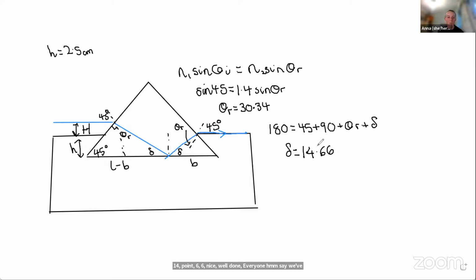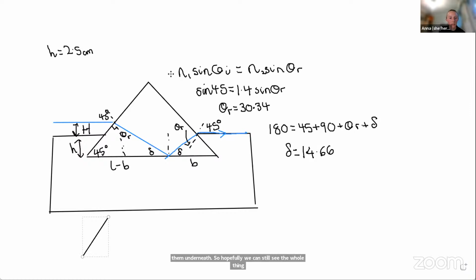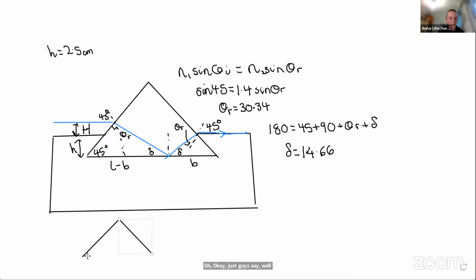And so now I'm just going to redraw these two triangles to make the next bit a little bit easier. So I will draw them underneath so that hopefully we can still see the whole thing. So we've got this triangle here, and then next to it, the littler one.